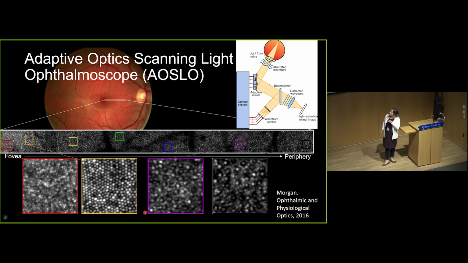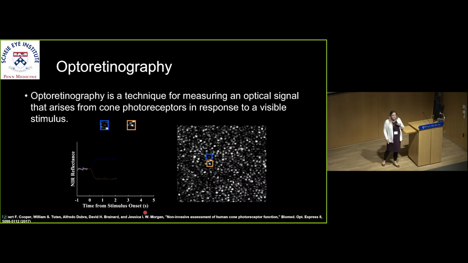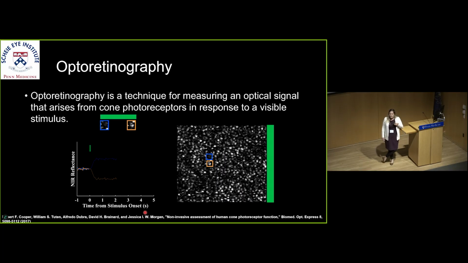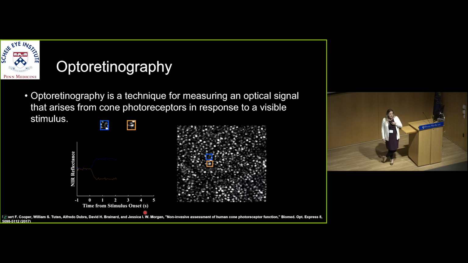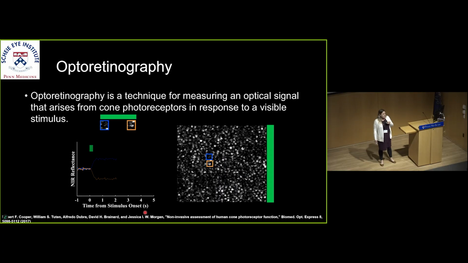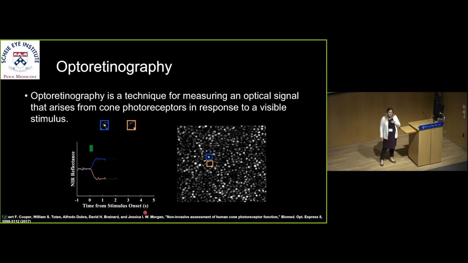And so my lab has also been working to develop a physiological biomarker for assessing cell function through our imaging techniques. This recently has been termed optoretinography, and the idea is that we can measure an optical signal that arises from the photoreceptors in response to a visible stimulus.